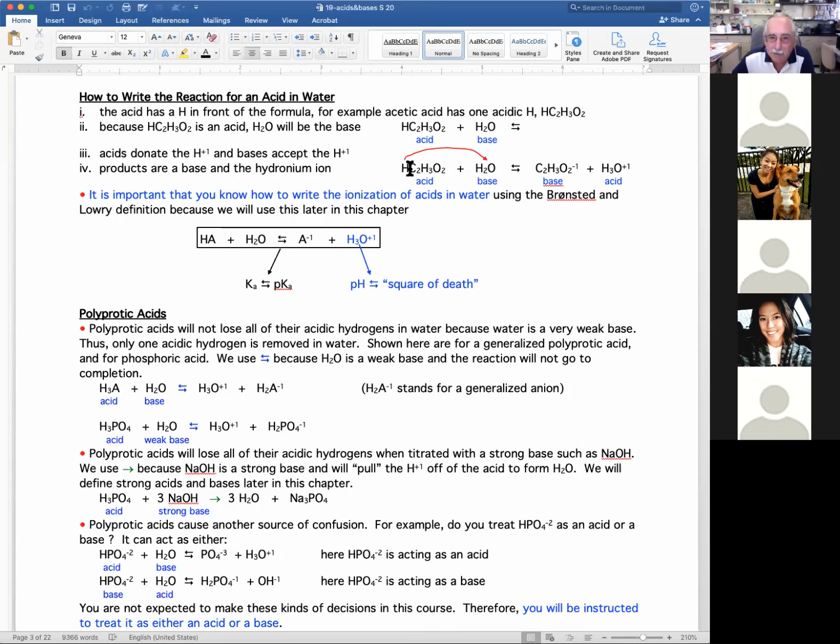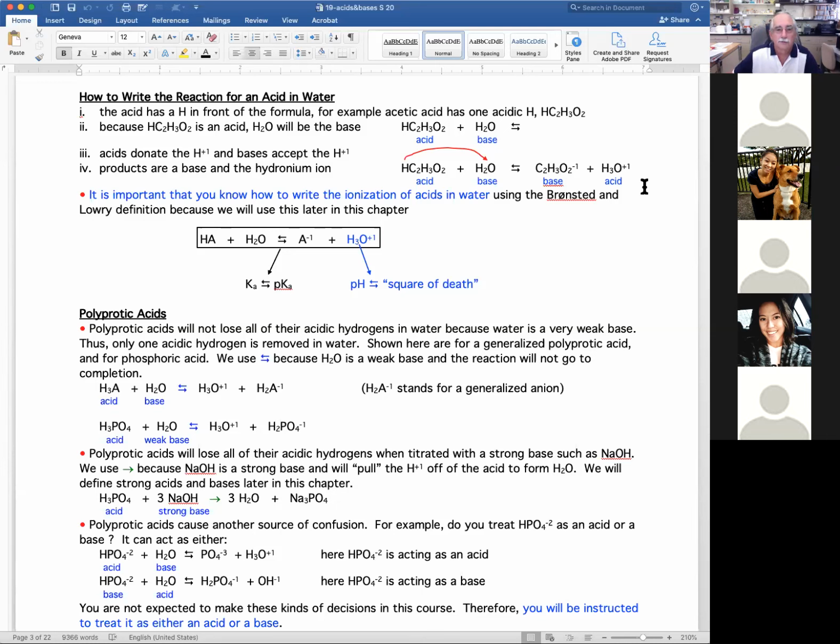Now if I take an H plus off of here, then I get the OH minus over here, and the H plus goes on to water. That's how I get the hydronium ion. So it's really important that you know how to write the ionization of acids and water, because that's what we're going to be doing.